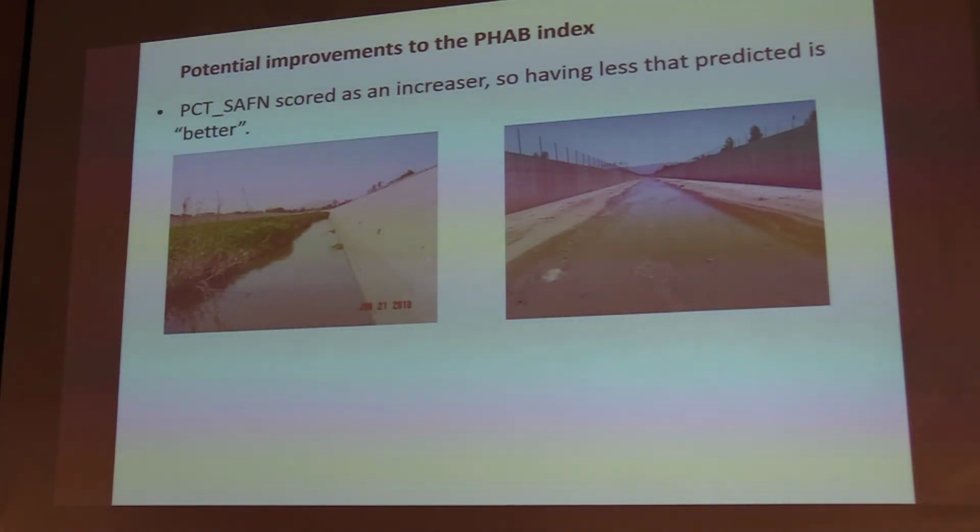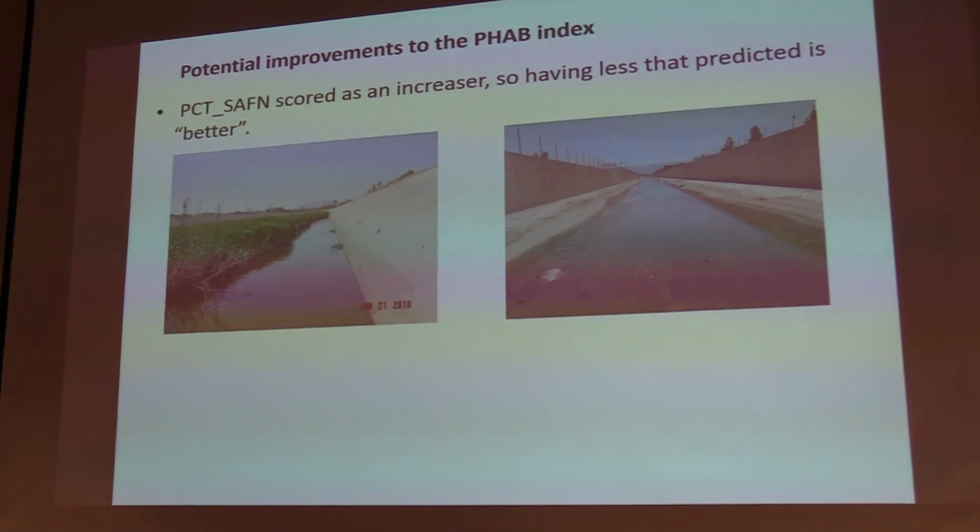So thanks to some really careful and thorough feedback from some of our stakeholders in the South Coast, we have found some ways to potentially improve the PHAB index. And I think the biggest issue centers around the fact that we treated percent sand and fines as an increaser. So having less percent sand and fines than predicted is actually viewed as better, quote unquote.